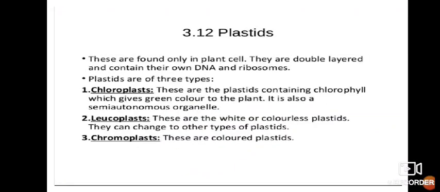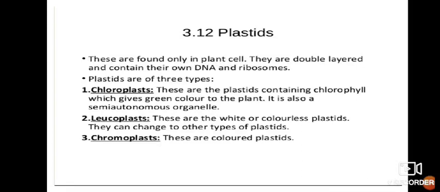Plastids could be chloroplasts, leucoplasts and chromoplasts. In addition to the nucleus, the cell has plastids. These plastids are semi-autonomous. This means that they also have their own DNA and ribosomes. Like they can synthesize on their own.